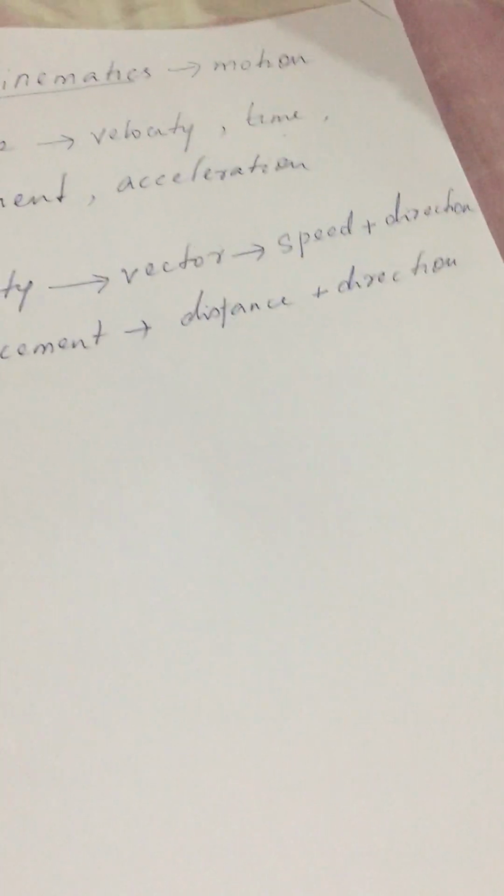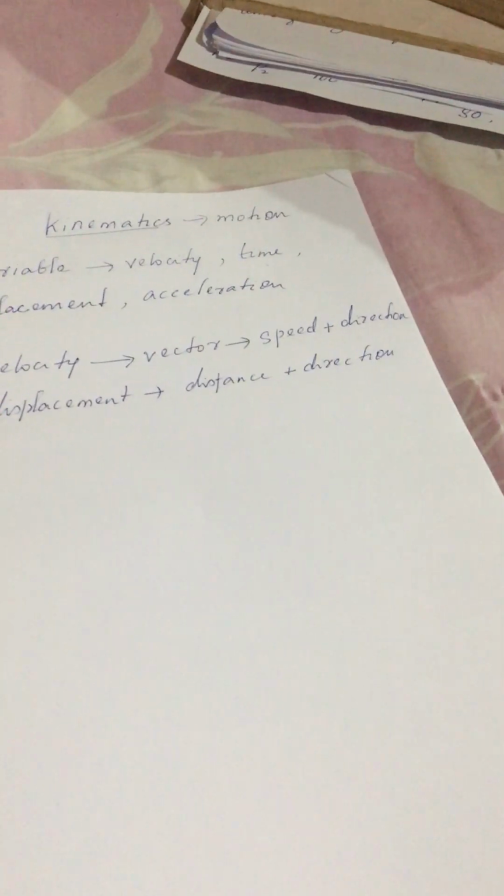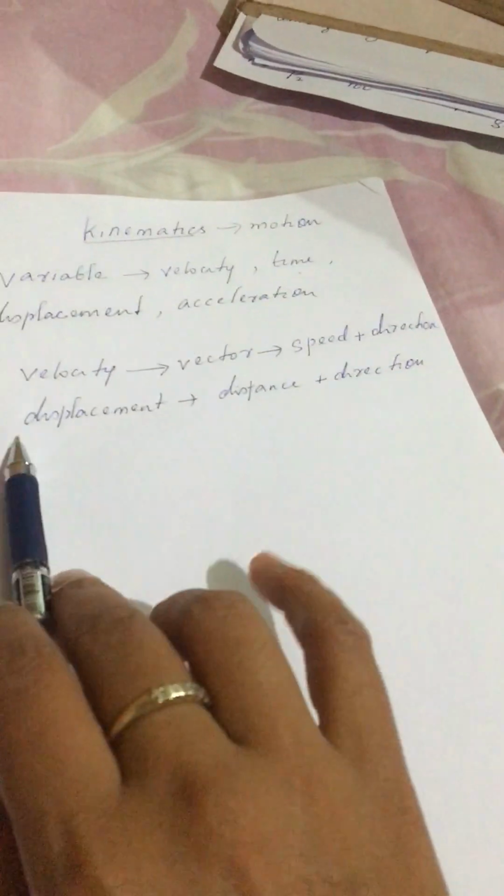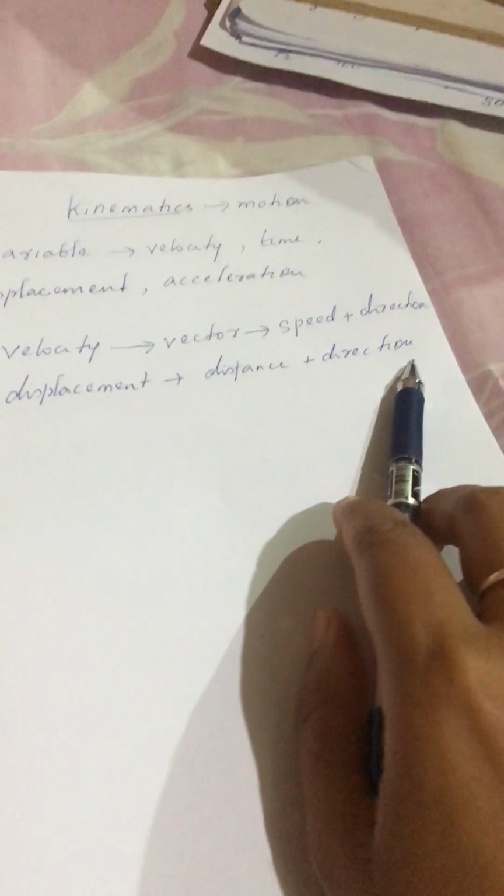These are distance. But when I say 2 kilometer towards east, direction is involved. So that will be displacement. So there are minor differences between distance, displacement, velocity, speed. But one thing you need to keep in mind: whenever we talk of velocity, the direction aspect is involved, and whenever we talk of displacement, the direction aspect is involved.